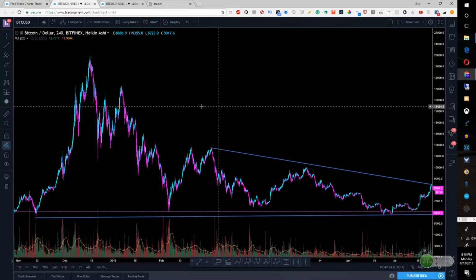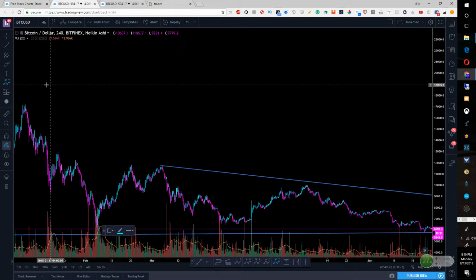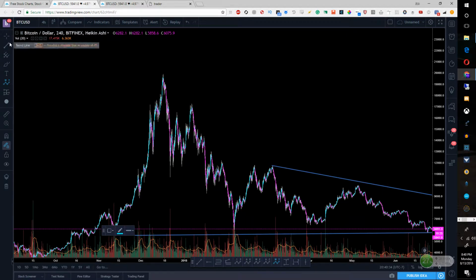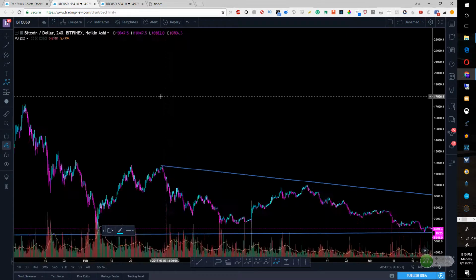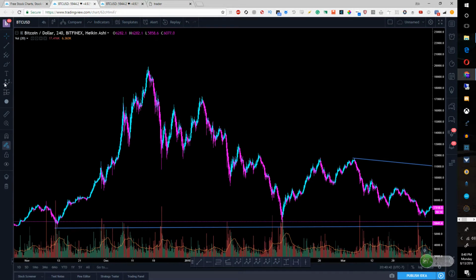But to start with this count, right here I see what's called a zigzag structure, and a zigzag structure is comprised of two ABC structures, which are the most basic, textbook corrective patterns after a five-wave structure, or the whole impulse wave up before a correction.